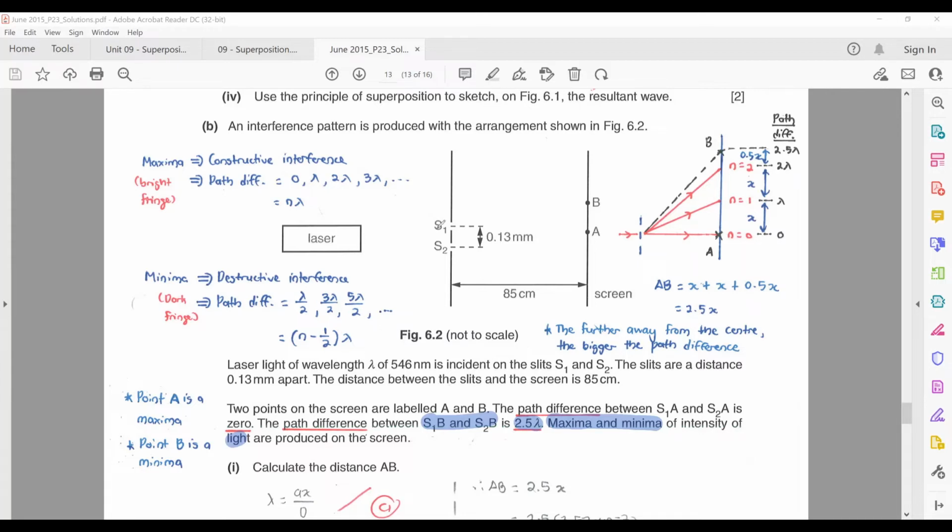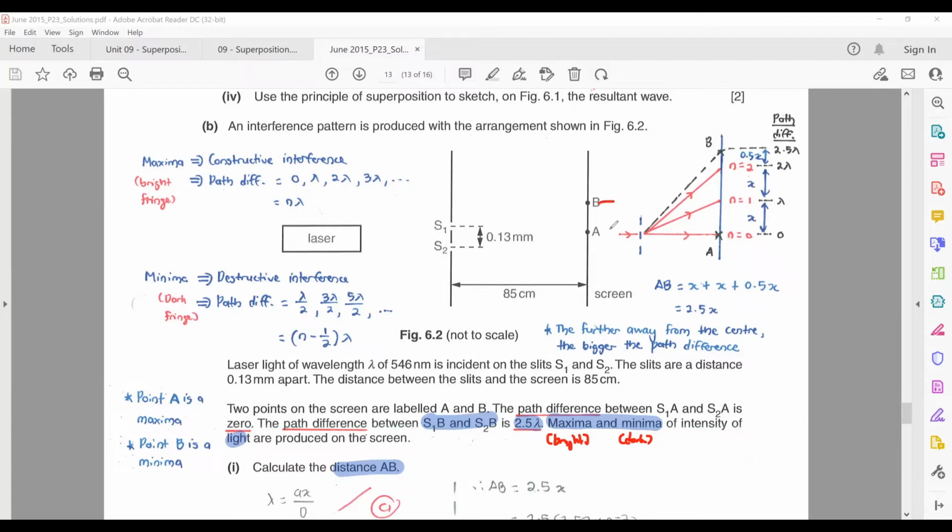So right now they ask you to calculate distance AB. When you read this statement, maxima and minima of intensity, maxima refers to the bright fringe, minima refers to the dark fringe. Meaning bright and dark fringes are produced on the screen. They ask you to calculate distance AB.